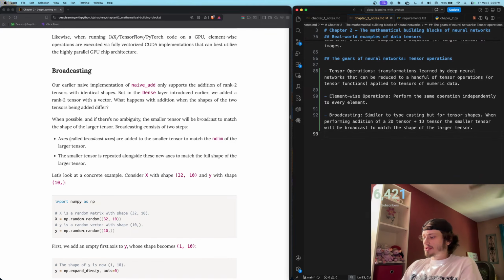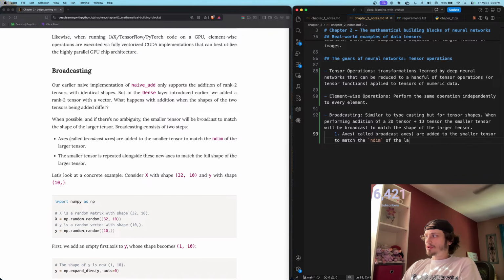So broadcasting consists of two steps. One, axes, called broadcast axes, are added to the smaller tensor to match the ndim of the larger tensor.